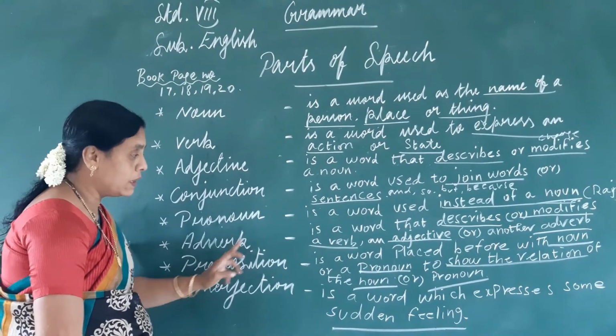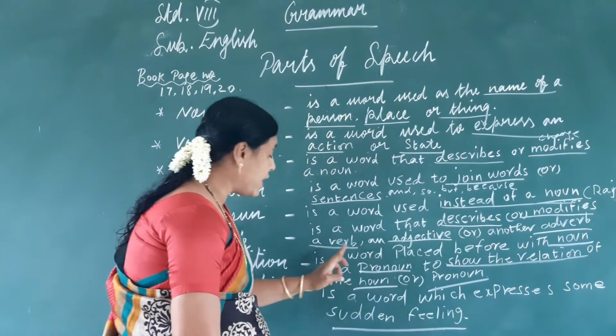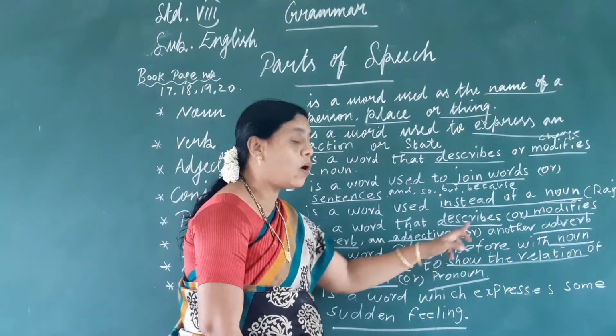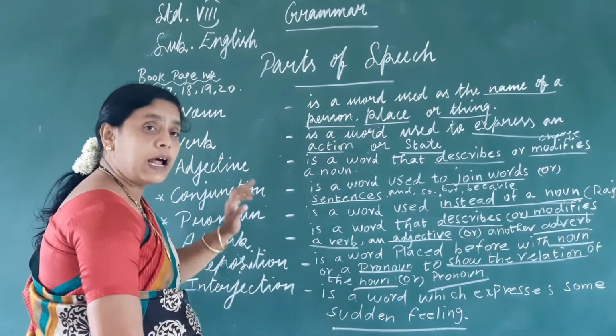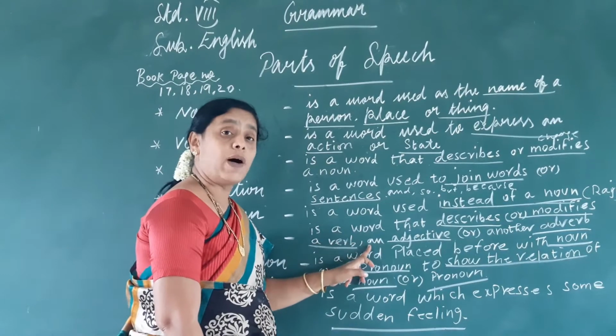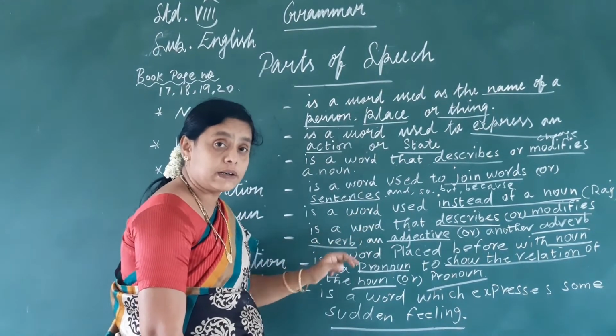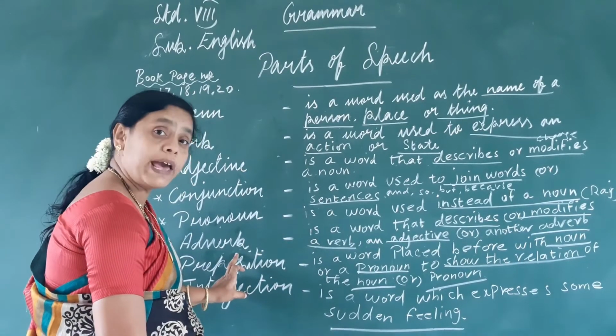What is adverb? It is a word that describes or modifies a verb, an adjective or another adverb. For example, very intelligent, with ly, that is intelligently, cleverly. These are all called adverbs.